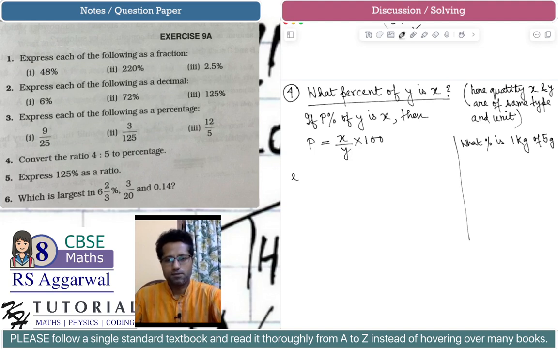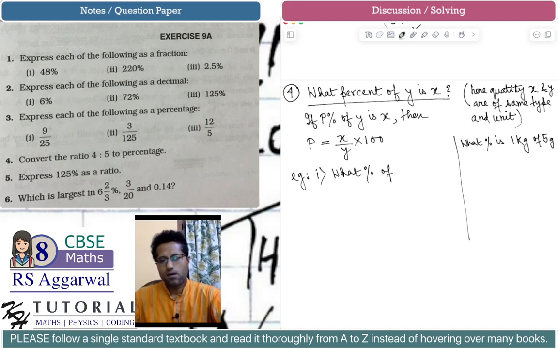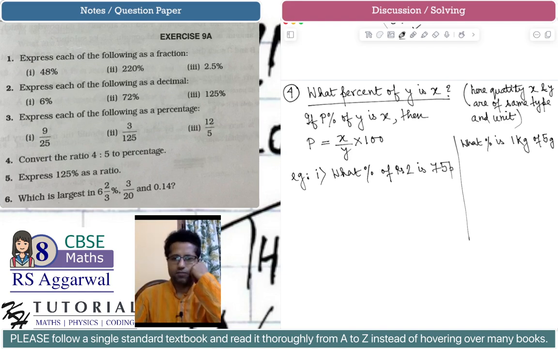So let's take some example. Let's say we are asked, what percentage of rupees 2 is 75 paisa. First of all, we see that 75 paisa and rupees 2, even though they are of the same type, currency, the units are different. So first we have to convert; it is better to convert rupees 2 to paisa.